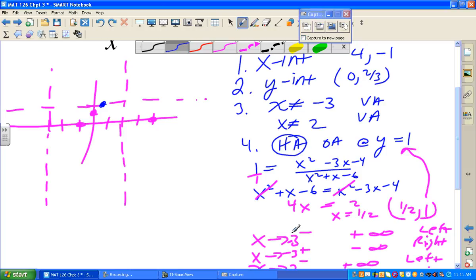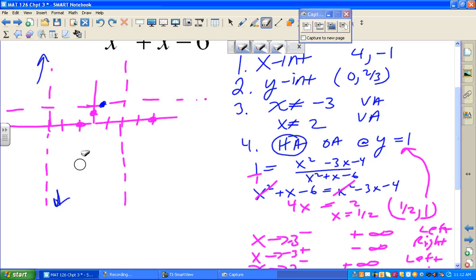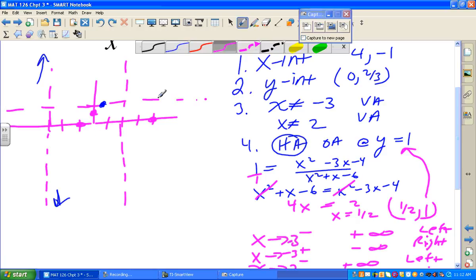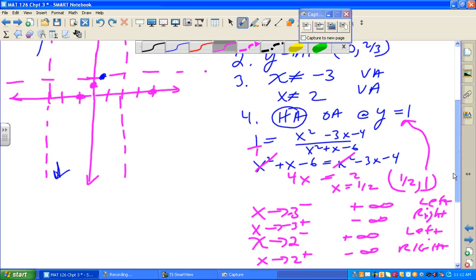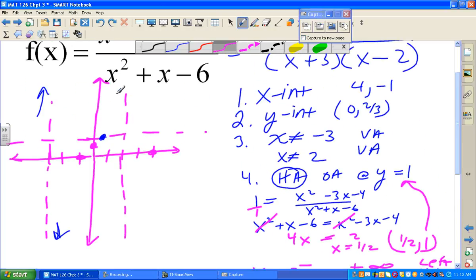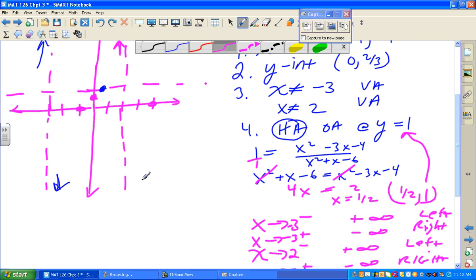On the left side of -3, I'm at positive infinity. On the right side of -3, I'm going to be at negative infinity. That line bothers me. It's not very straight. There, that's a little straighter. On the left side of 2, positive infinity. And on the right side of 2, negative infinity.